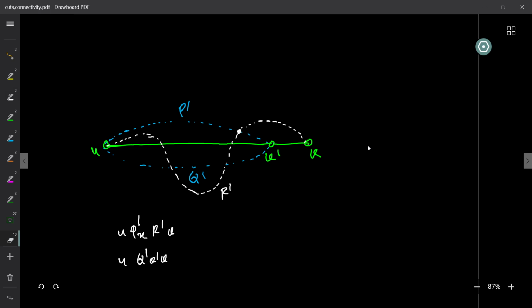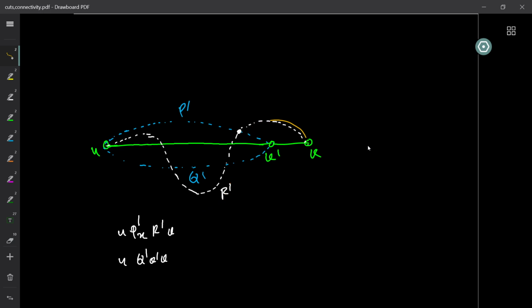So there is some path from u to v in the remaining graph. Now, what is this path? Let's call it r dash, the white edges. This path r dash does not use the vertex v dash, that we know.